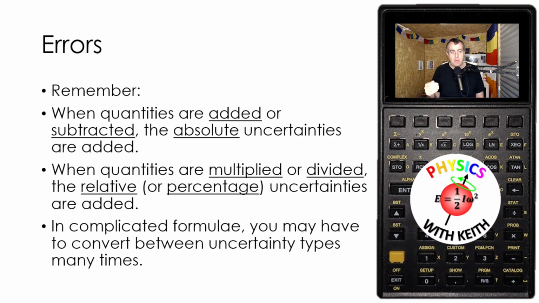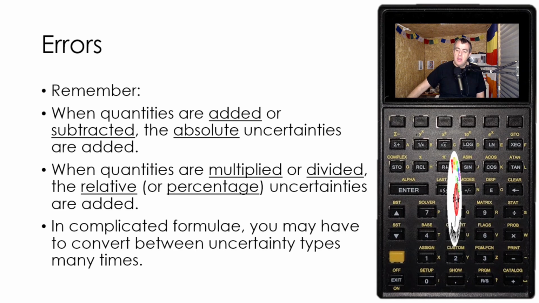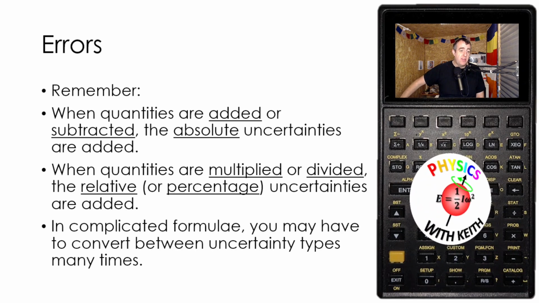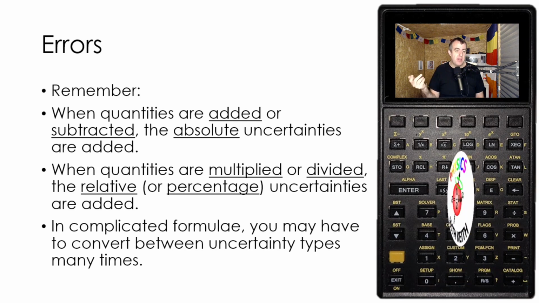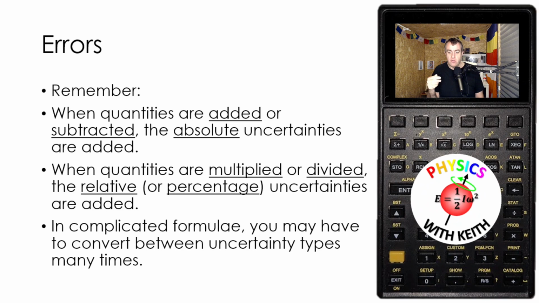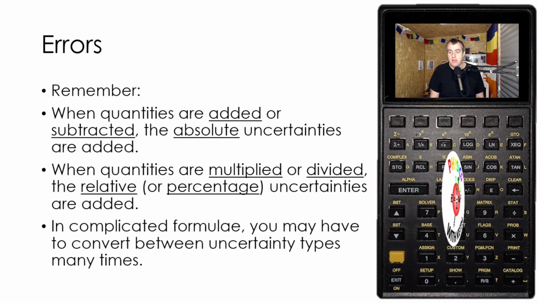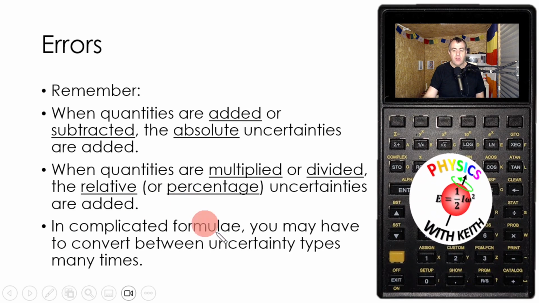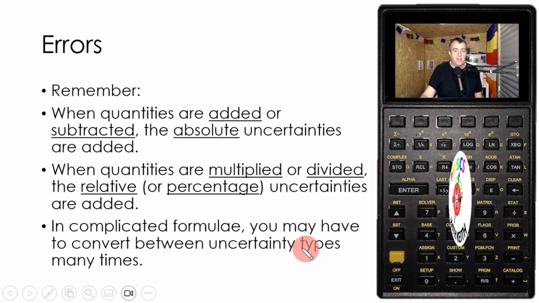If you're raising something to the power of 3, you add 3 lots. In fact, if you raise any quantity to the power of n, you multiply the relative uncertainty by n. So square roots actually make the uncertainty go down, because you halve the relative uncertainty. But unfortunately, we might have really complicated formulae where we have to convert multiple times.